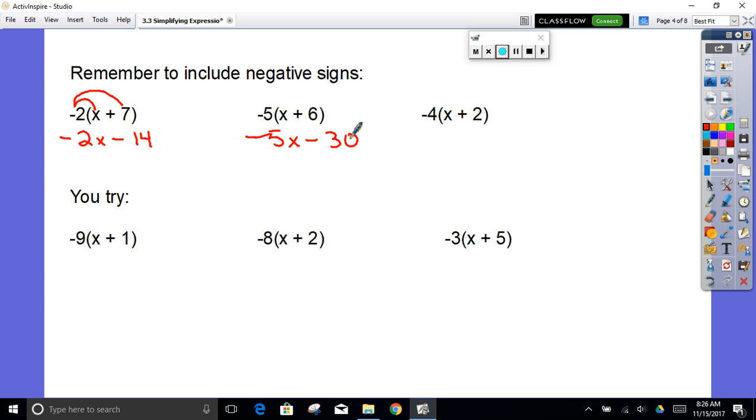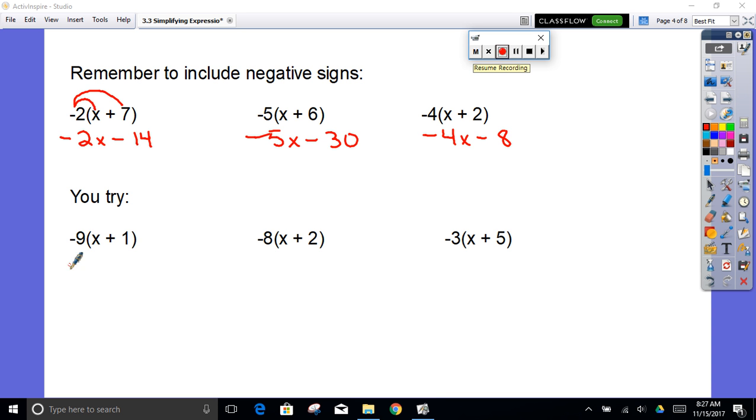Okay, next one, Eve. Negative 4x plus, or minus 8. Minus 8, good. Okay, I'll give you about 30 seconds to complete these 3, and then we'll go over them.